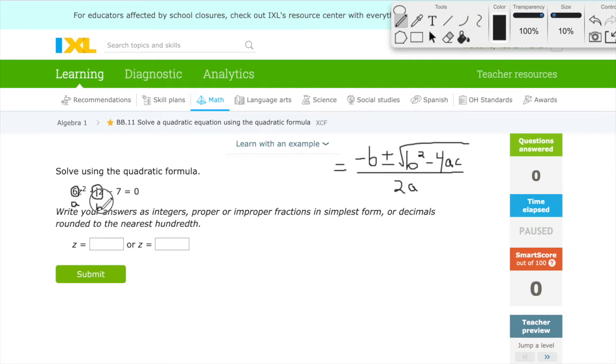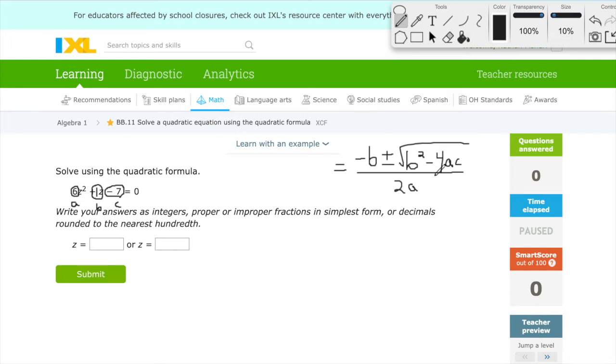And that would be your b. And then the last number that's by itself, it gets that symbol with it. The -7 would be your c. So those all get plugged in, like any other formula you would use, and from there it's just calculating. However, there's a lot of room for error because there's a lot going on here.